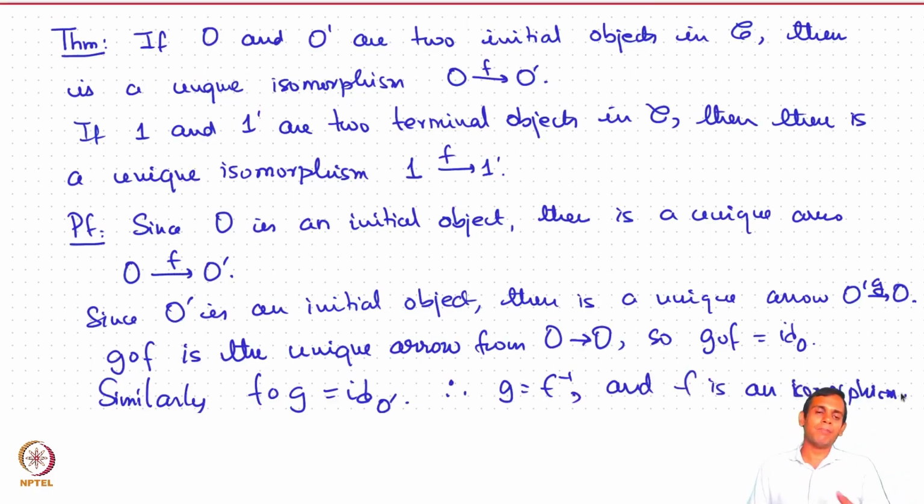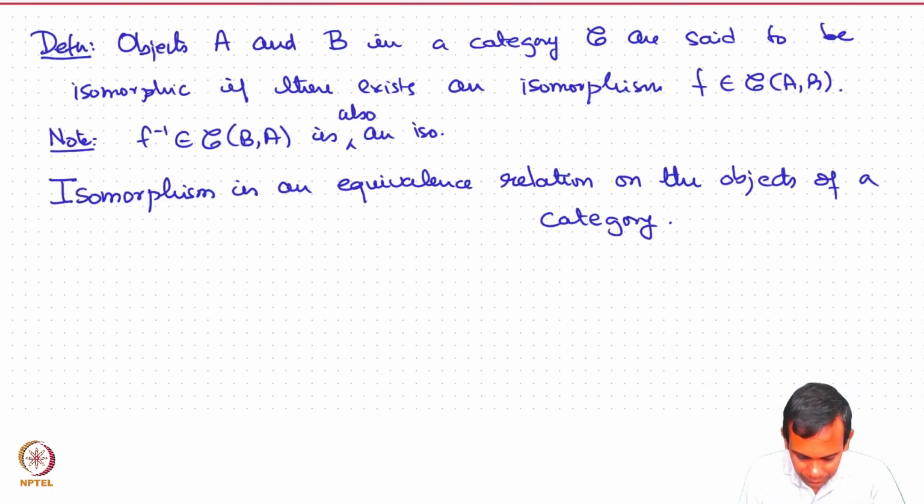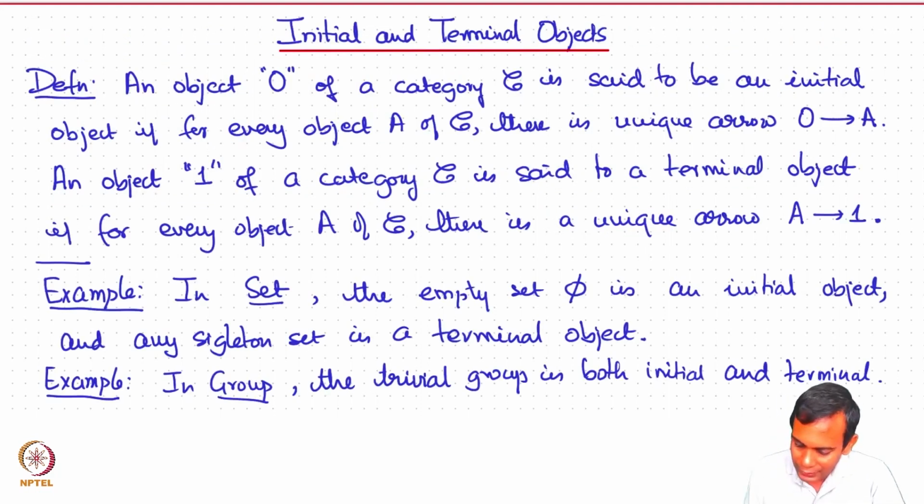So even though there may be multiple initial objects in a category, they are all isomorphic, and moreover there's a unique isomorphism between them, and the same is true of terminal objects. The proof is very similar. I'll leave it for you to write it down. For example, in the category of sets, a singleton set is a terminal object. There are many singleton sets, but all singleton sets are isomorphic in the category of sets. And there's a unique isomorphism from any singleton set to any other singleton set.